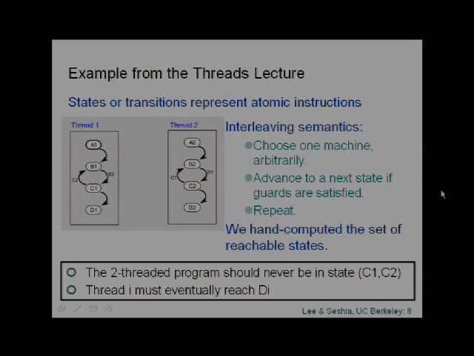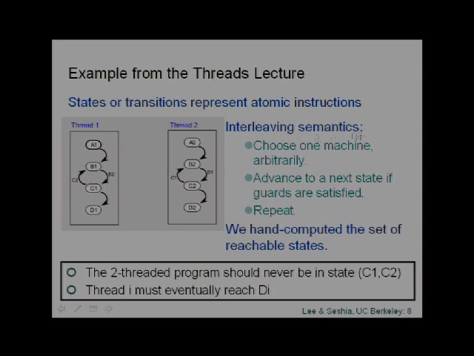So it's an error for the program to have thread 1 in C1 and thread 2 in C2 simultaneously. Okay, so I think when you went over this, Edward might have computed the set of reachable states, the set of interleavings of the system, right? But here we're not so interested in computing the composition of these two machines. What we're interested in is the properties it must satisfy.